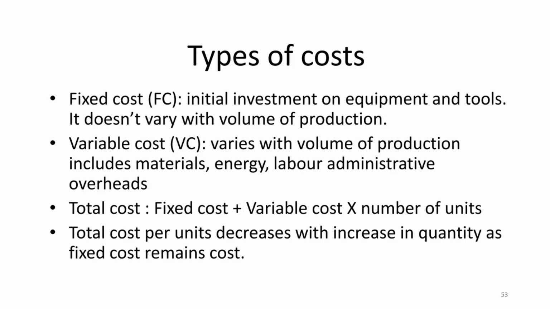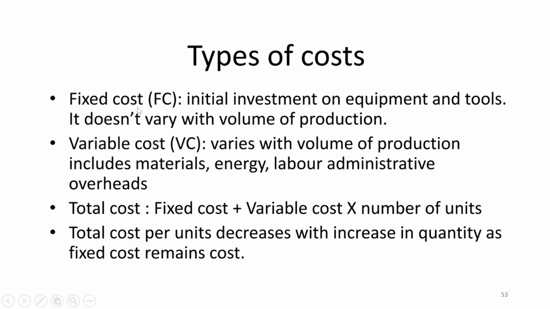Variable cost: for example, if you're making some product from aluminum and you need to make 1000 units, then you need to buy material at various times. That will be your variable cost, the cost of material.